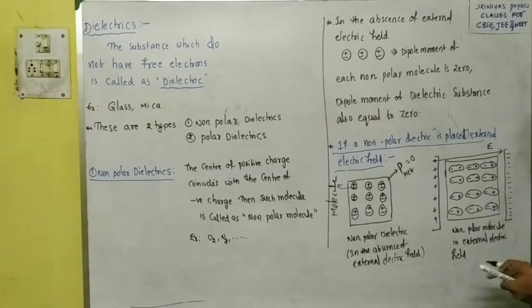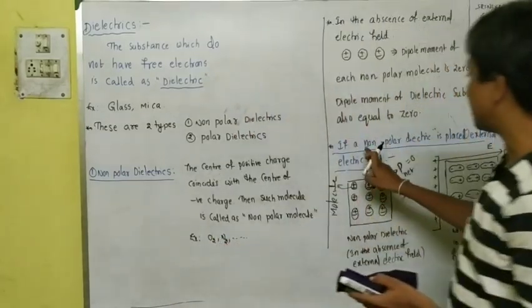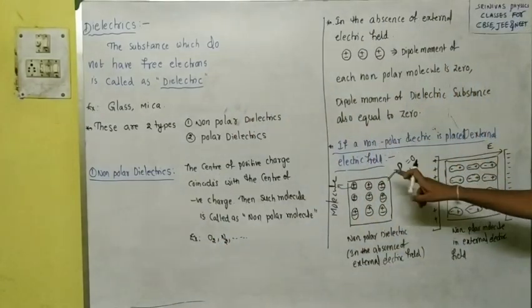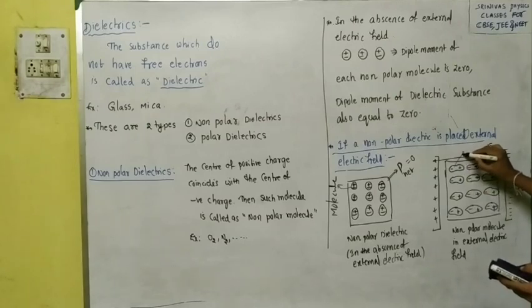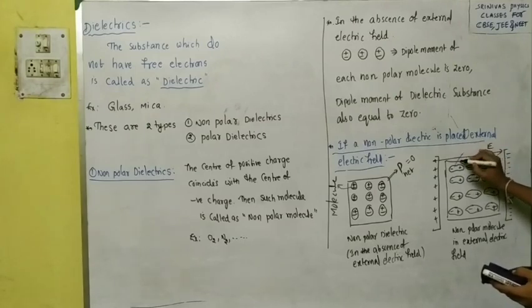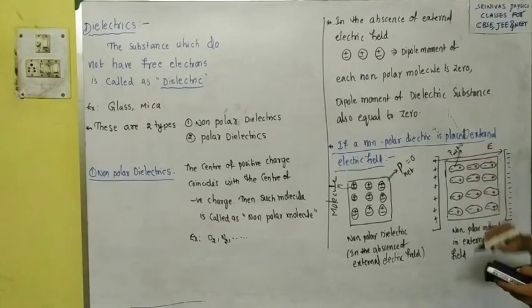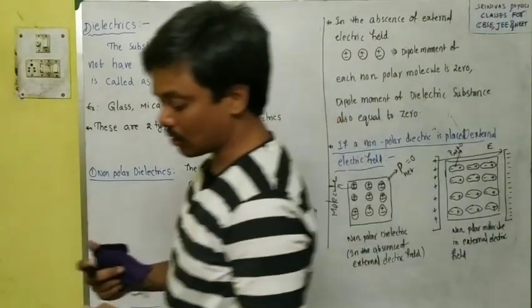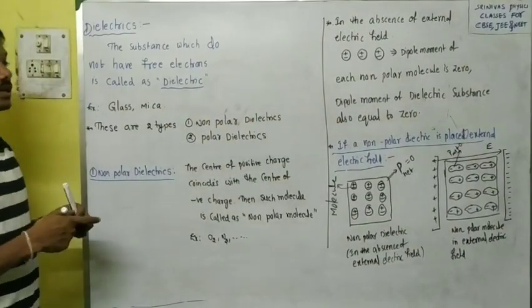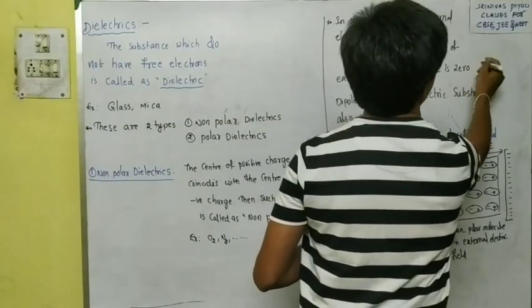Okay, that means in the presence of external electric field, what happens? If you place the non-polar dielectric in external electric field, this molecule does not have zero dipole moment, because in external electric field there is some separation between the negative and positive charge. Then we can give the conclusion: in the absence of external electric field, the net dipole moment of molecule is 0.